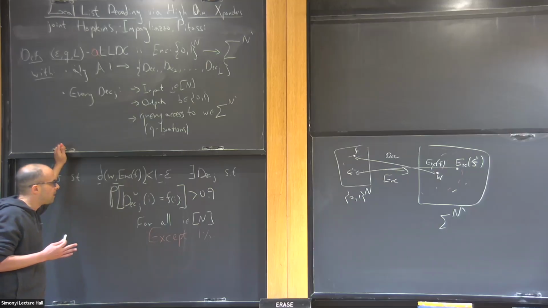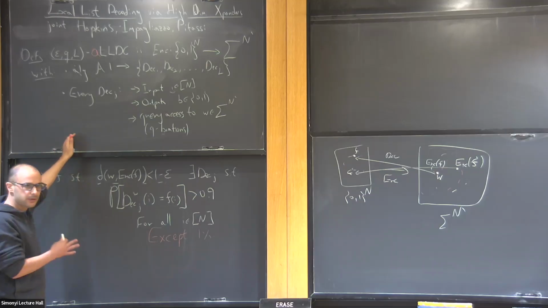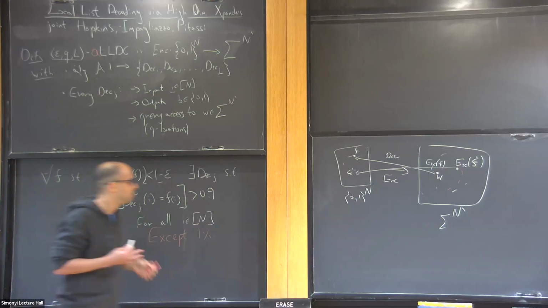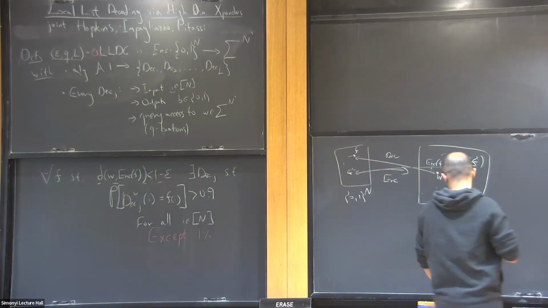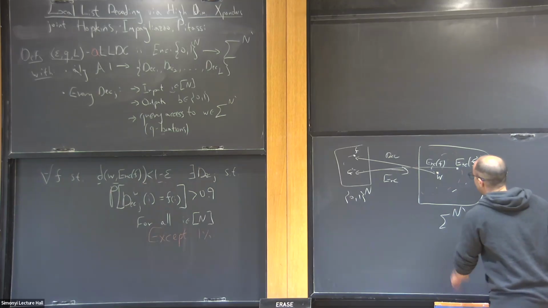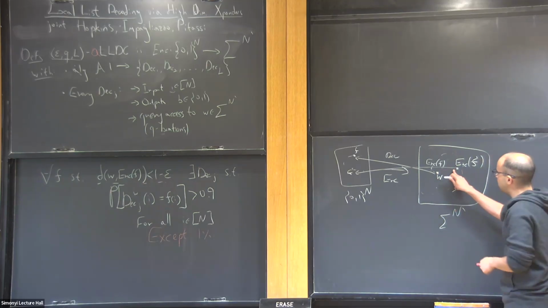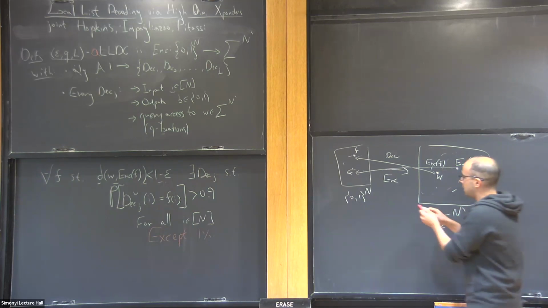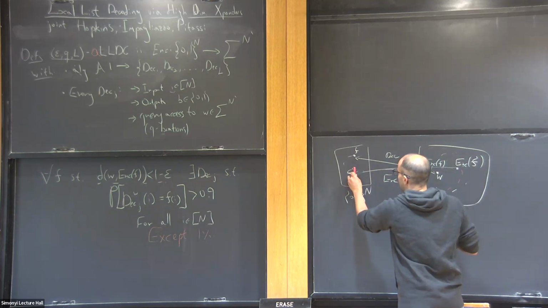Last week we saw that this definition works very well with composition, and it also has other applications. The picture that I want you to get here is: suppose this is W and this is the encoding of F, or F prime in this case, and here is actually F prime.